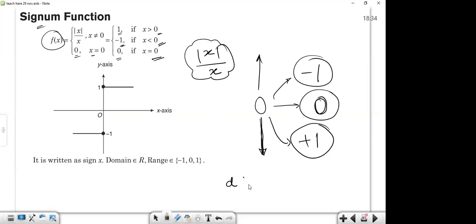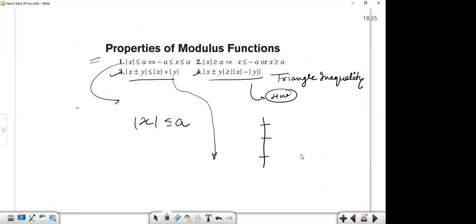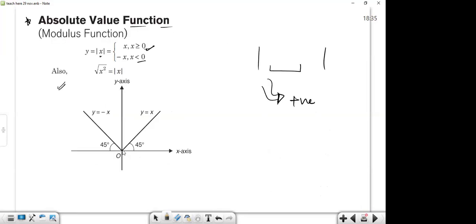And in derivatives, we have also understood this fact that the derivative of modulus of x is modulus of x by x, except at x equals 0, because at x equals 0, modulus of x is not differentiable. Why so? Because there is a corner point, so there will not be one slope which can be drawn at this particular point.